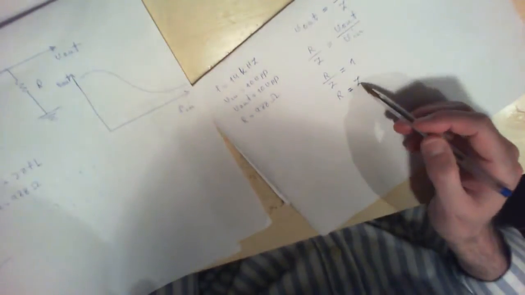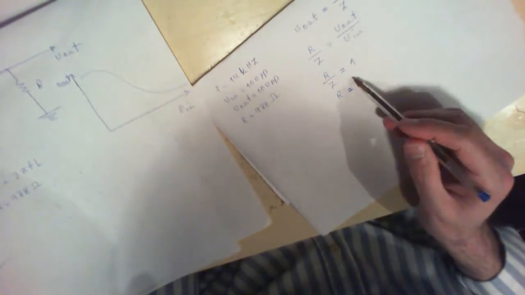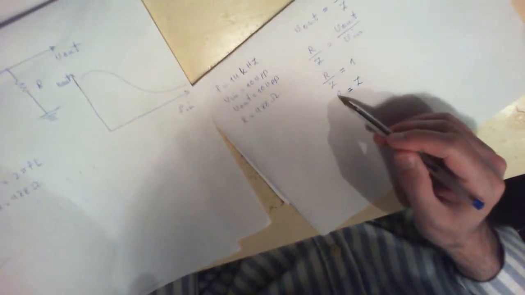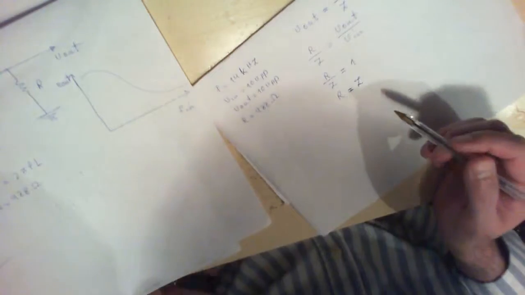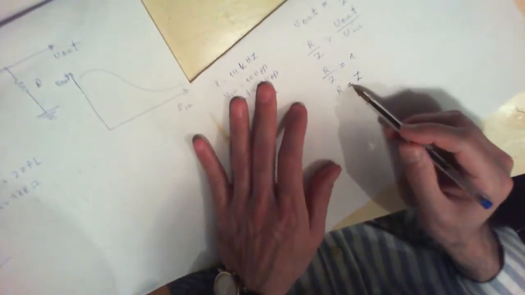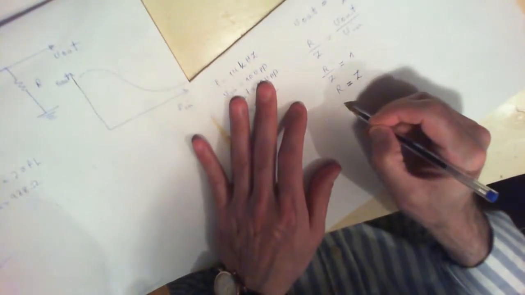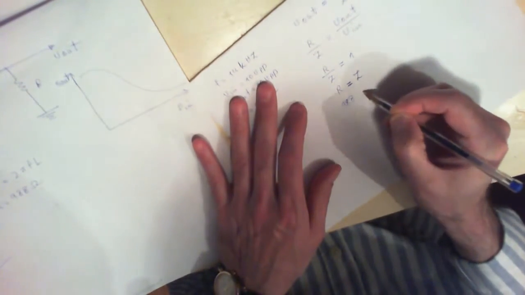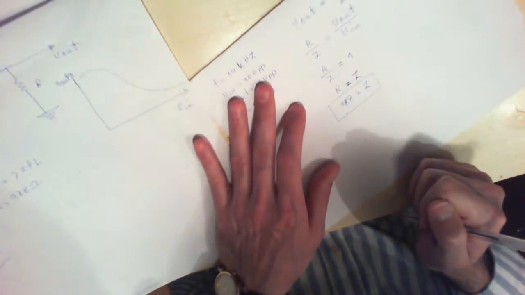So that must have been 0, or not 0, actually equal to basically 988 ohm. Now I know that my resistor was 988 ohm, so that means my impedance was 988 ohm.